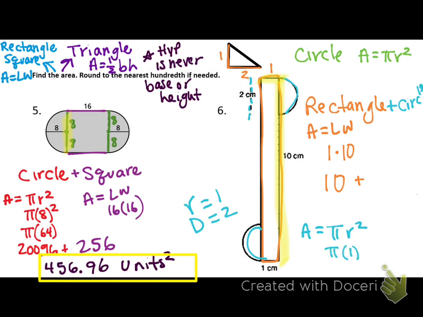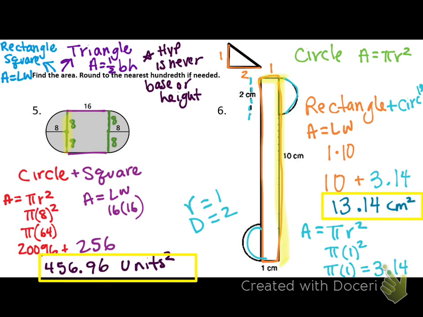So pi times 1 squared, 1 times 1 is obviously 1. 1 times pi is 3.14. So to find our area, we add them together, and we'd say centimeters squared or square centimeters.